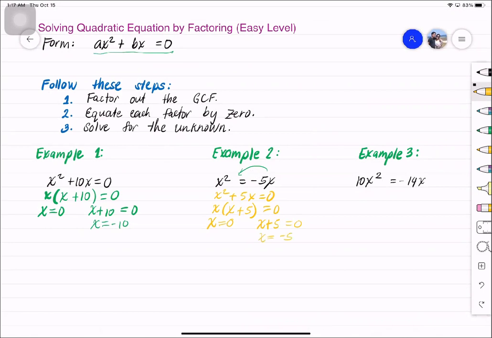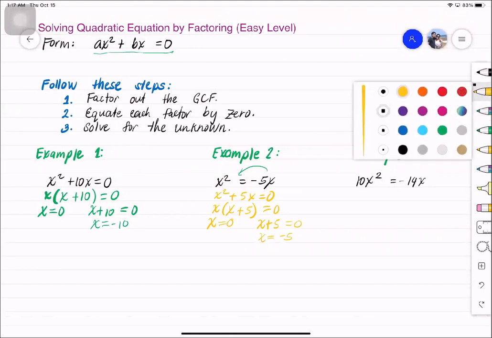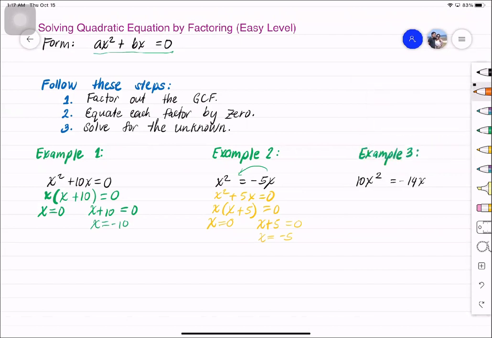And last but not least, we now have 10x squared equals negative 14x. You notice again that it is not yet equal to 0. Every time we solve this type of equation wherein there is only a quadratic and a linear term, we always try to equate it to 0.